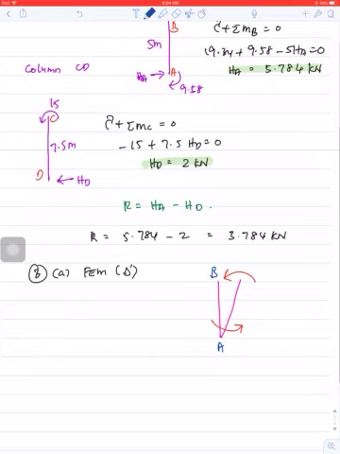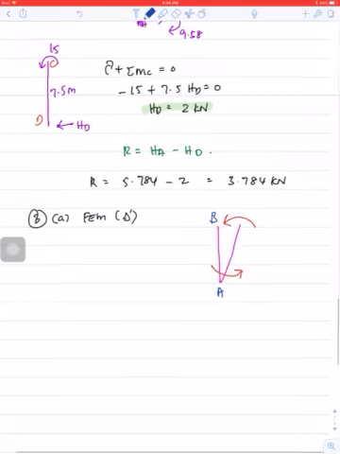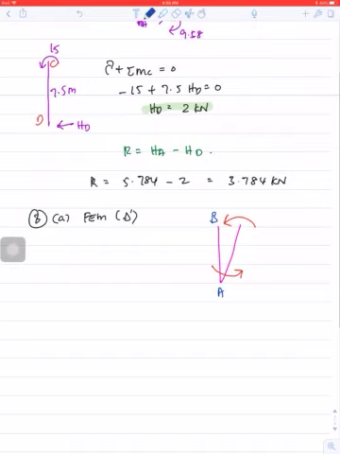I assume the FEM for the first column, and then I will determine the remaining FEM for the remaining members. The assumption that can be made here, based on the textbook, we assume it as 100 kilonewton meter, and it is the same for both.